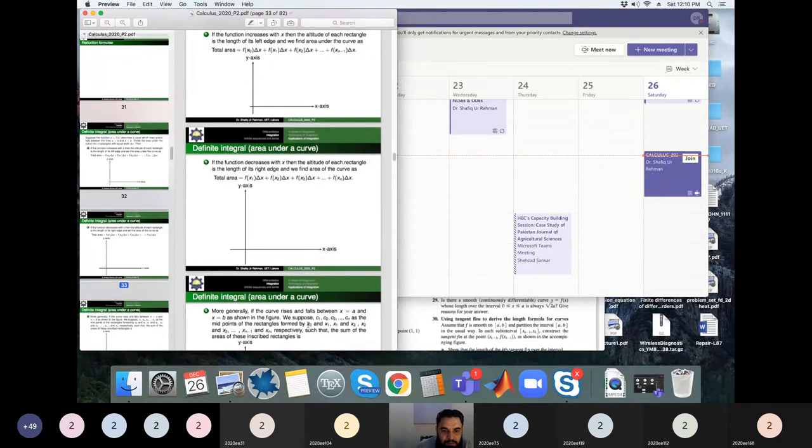So for the very first rectangle, the right edge is corresponding to x1, so this is how f of x1 is there. For the second one, the right edge is going to be corresponding to x2. Once you combine together the sum of all the areas, it is going to be the total area.